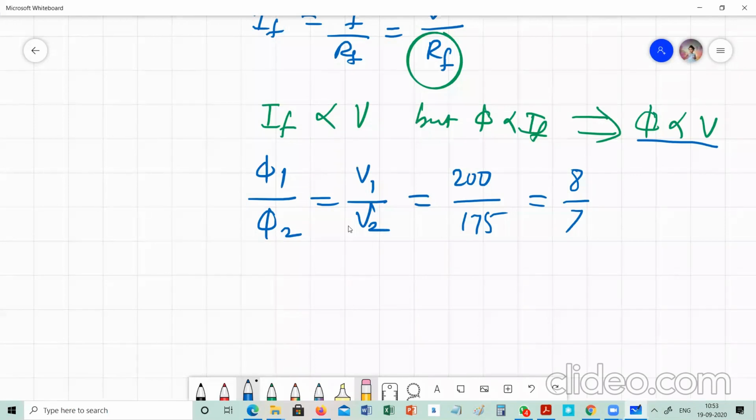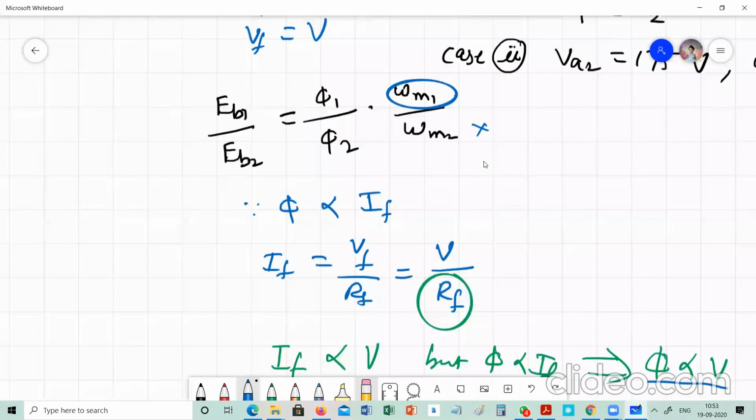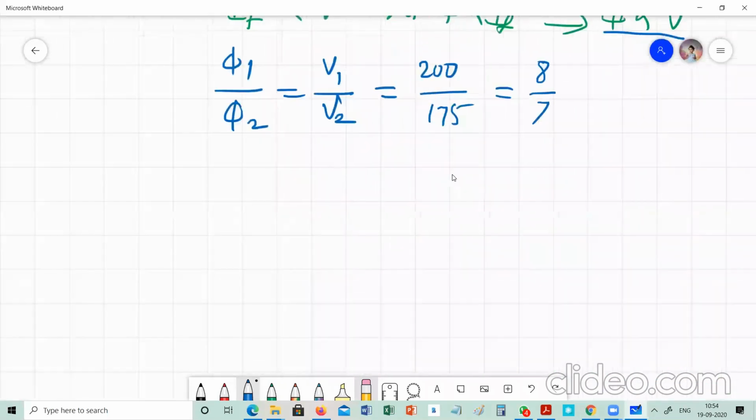In this equation EB1 by EB2, we have calculated this part also, and omega m1 is known. We have to calculate omega m2. For that, we have to first calculate EB1 and EB2. And EB1 and EB2 can be calculated using the voltage equation.